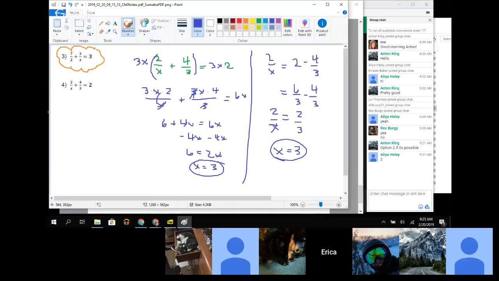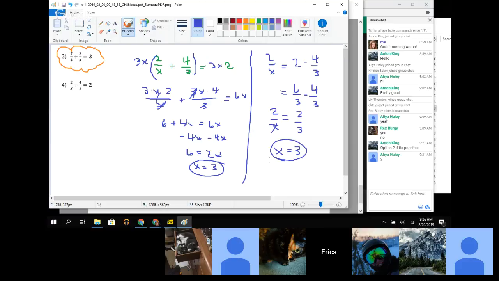Okay, so I did option 1 and option 2 up on here. If you were going to do the least common multiple, you would do 3x and multiply both sides by 3x. And you should end up with 6 plus 4x equals 6x, which gives you 6 equals 2x or x equals 3. Okay.